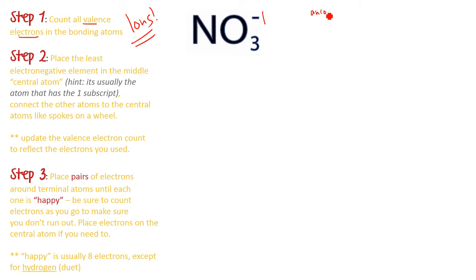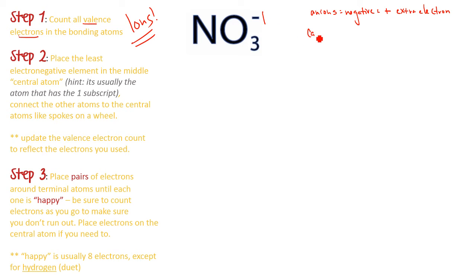Anions have a negative charge, and that means that they've picked up along the way extra electrons. You're going to add extra electrons. So this guy just has 1 extra electron. So we're just going to add up all of our valence, and then we'll add up that extra. We'll add that into the pot of electrons.